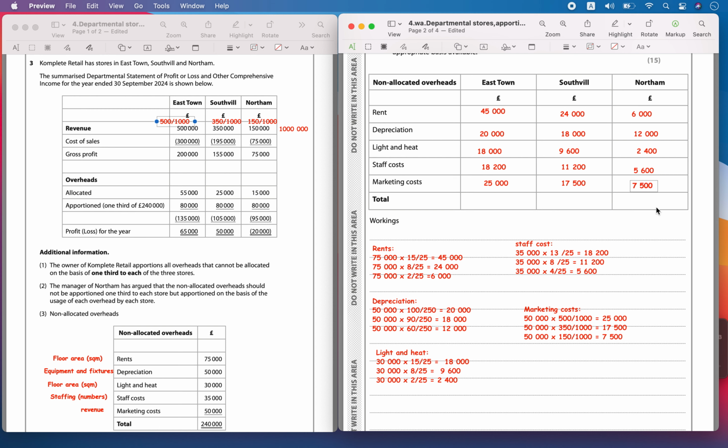Now let's add up for each individual department how the total cost has been apportioned. For East Town it will be equal to 126,200. For Southville you add up 24,000 plus 18,000 plus 9,600 plus 11,200 and 17,500.